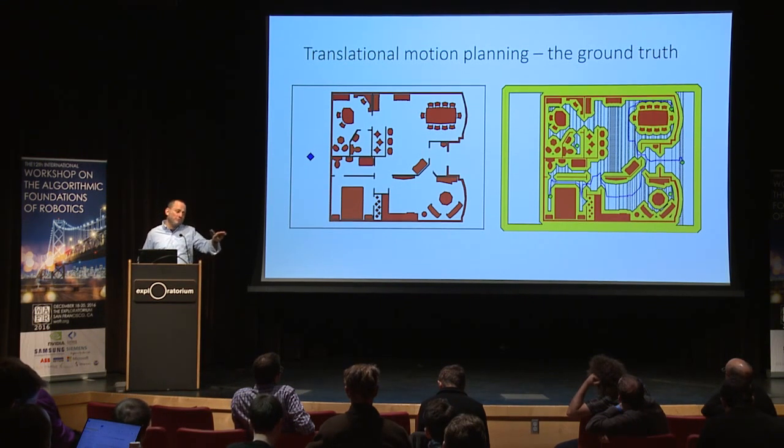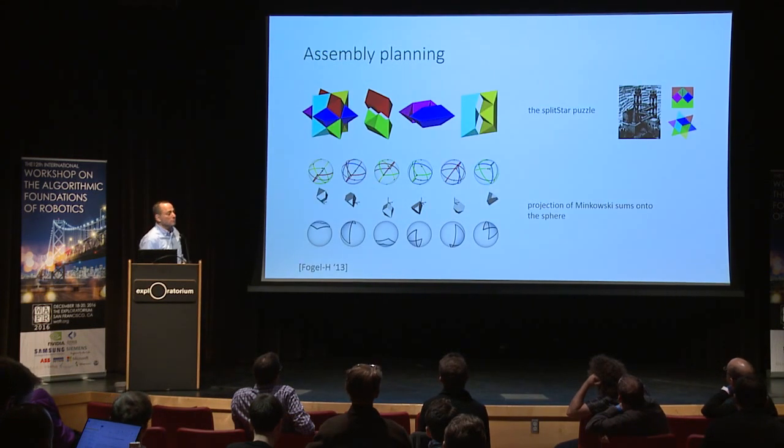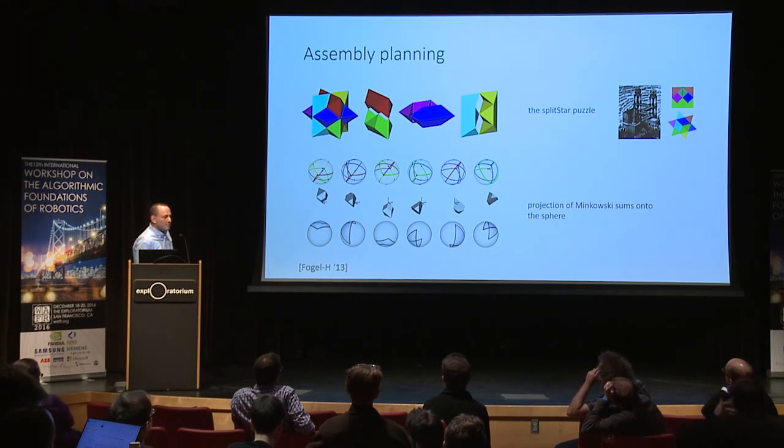Okay, but you tell me you prefer to solve the problem with sampling-based planners. That's perfectly fine. But here's a problem you'll probably find much more difficult to solve with sampling-based planners, and this is assembly planning. I give you a set of objects, I give you a product in its final state, and I ask you to plan the motion of the objects so that they form the final assembly.